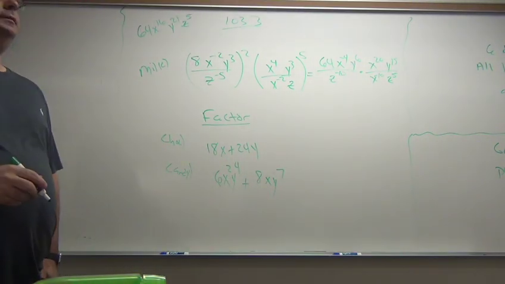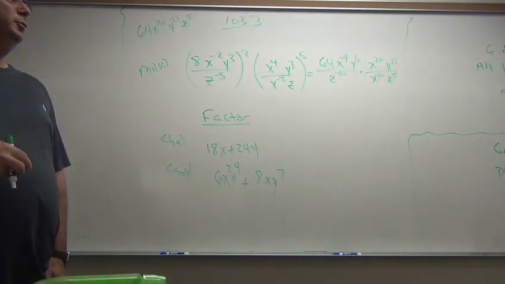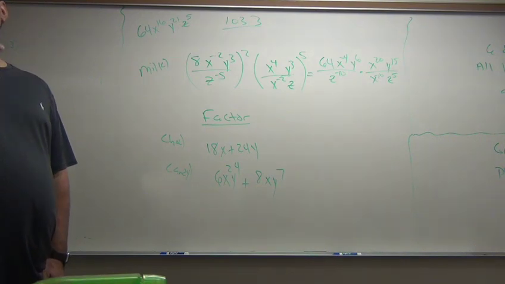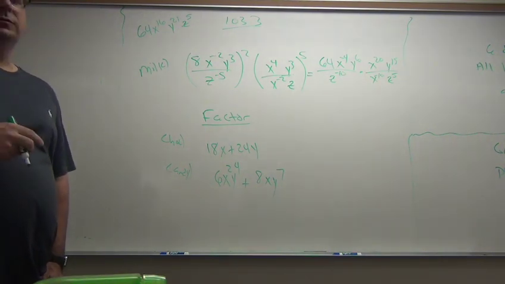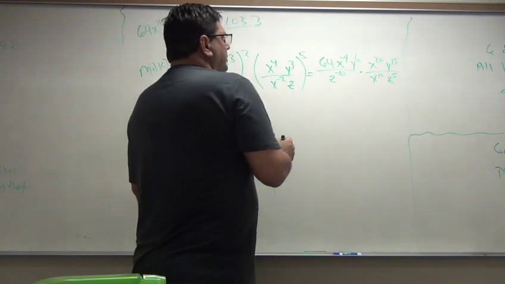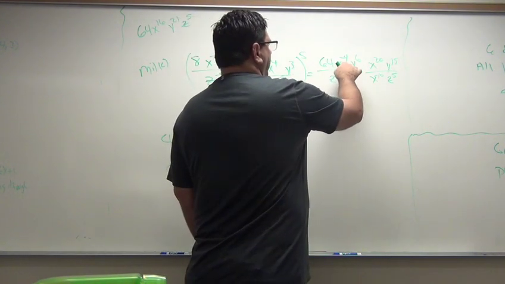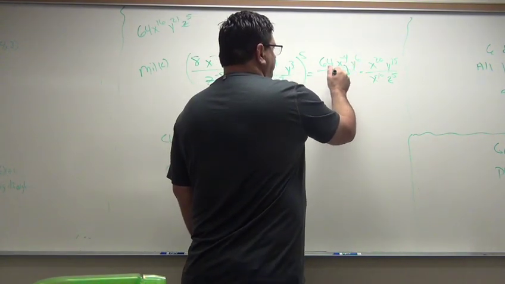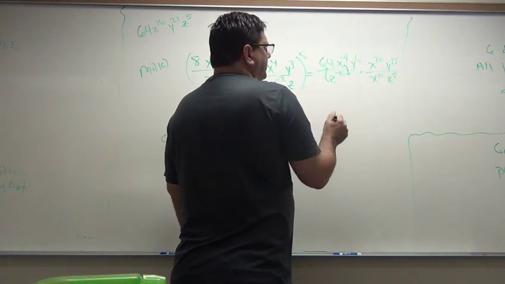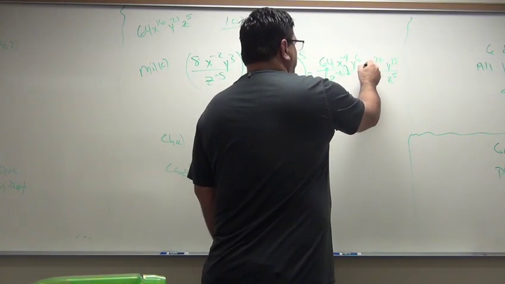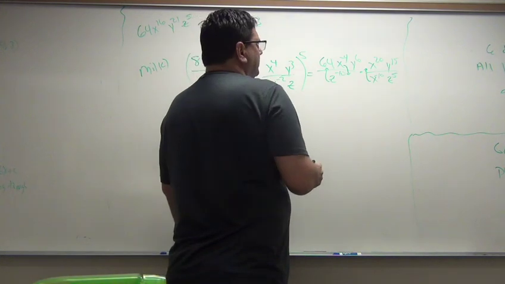We agree? Now, negative exponents have to move from top to bottom or bottom to top. That's how this system works. So, x to the -4 will go to the bottom, z to the -10 will go to the top. X to the -10 will go to the top, yes?